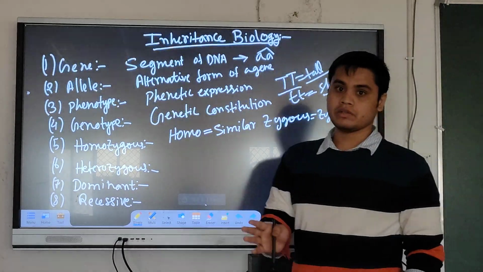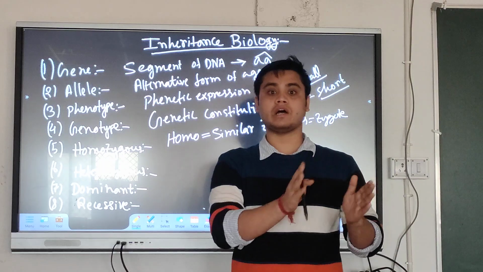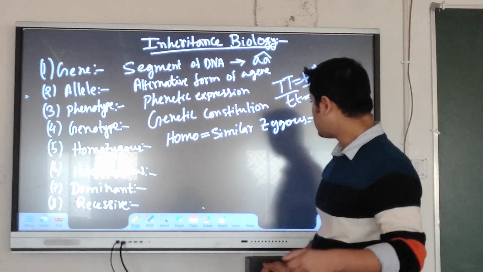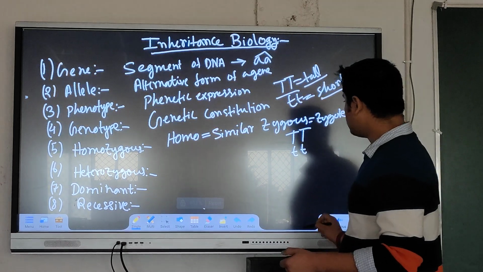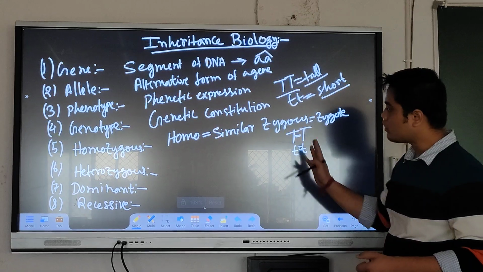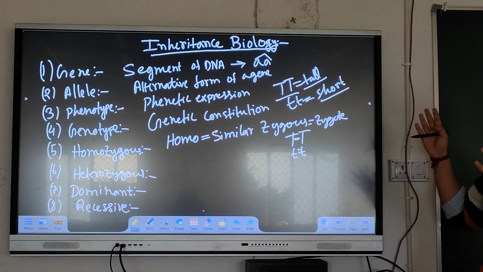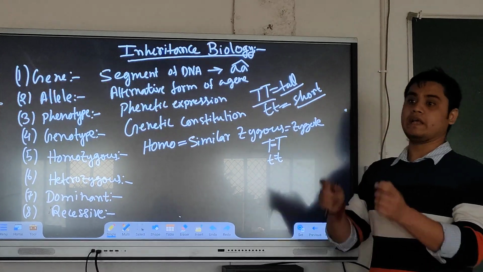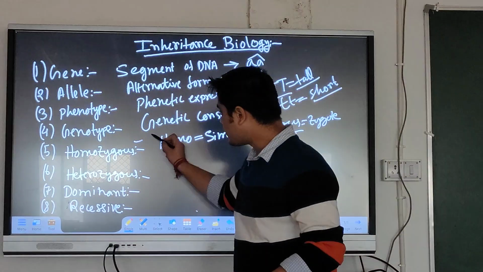A zygote where the gametes are identical, like capital T, capital T or small t, small t. Both the gametes are identical. This is called homozygous. A zygote where the gametes are exactly identical with each other, that condition is called homozygous.